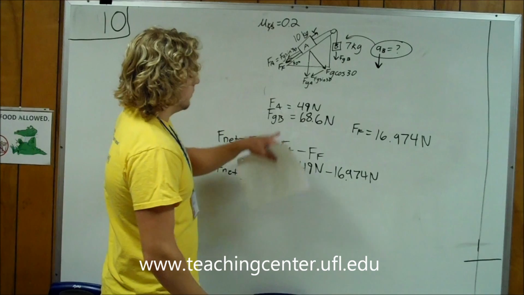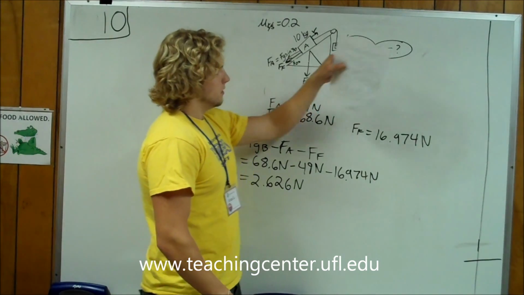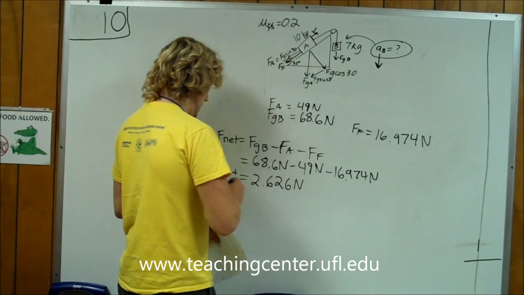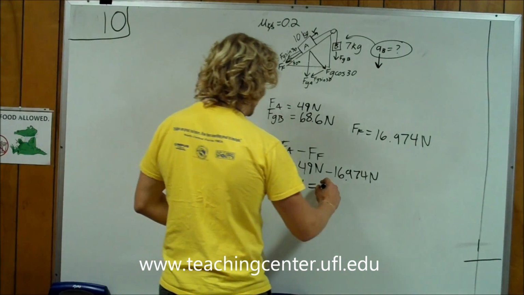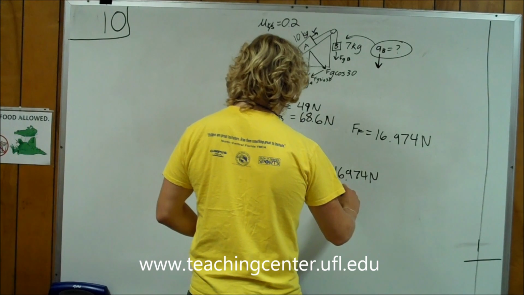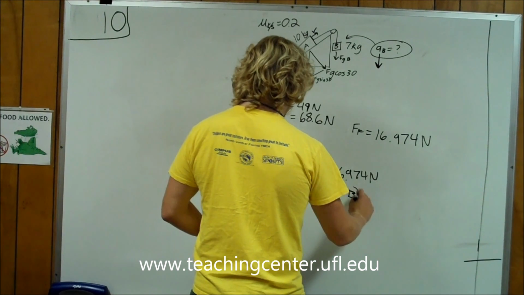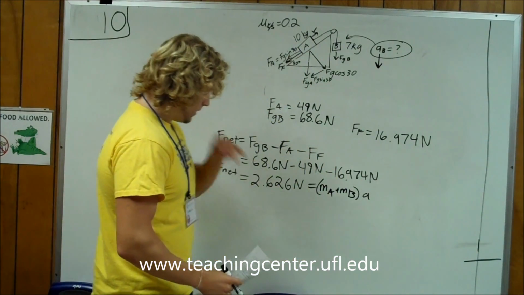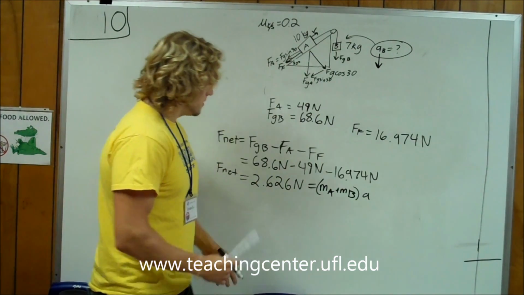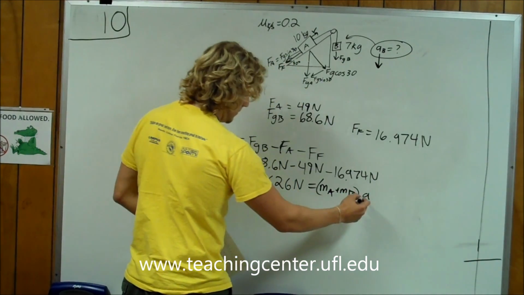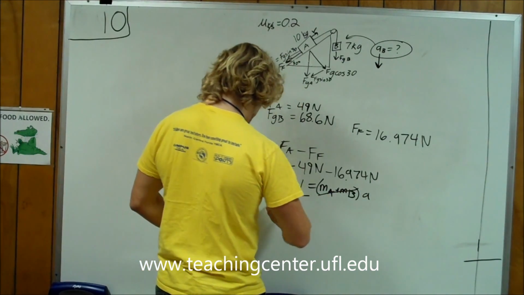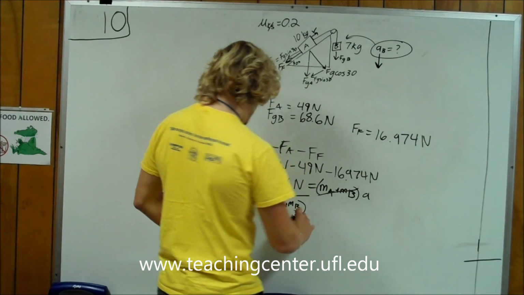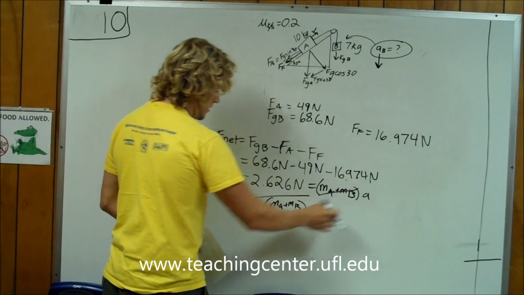But we need to find the acceleration of B. So how do we do that? We take this overall net force, and because that is equal to mA plus mB all times the acceleration of the system, we take the overall mass and divide by mA plus mB to get acceleration.